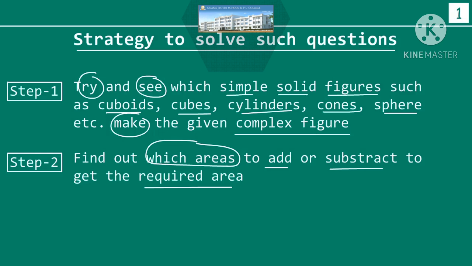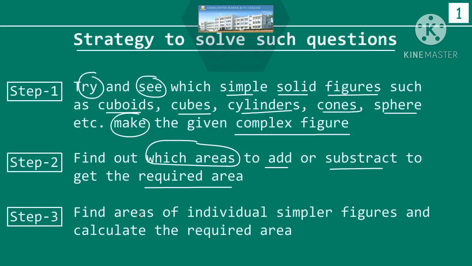Once we figure out that the given complex shape is made up of a combination of cuboids and cones or cones and sphere, etc., then the second step is we have to figure out which area should be added or subtracted to get the required area. And finally, the third step is to find the areas of these individual simpler figures and then calculate the required area based on step 2, right?